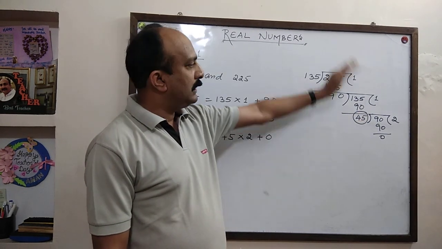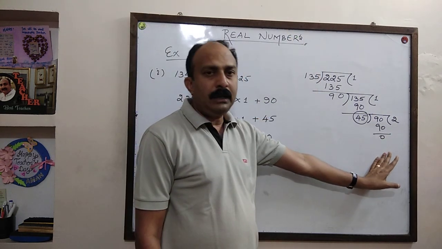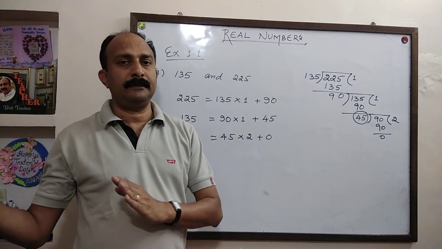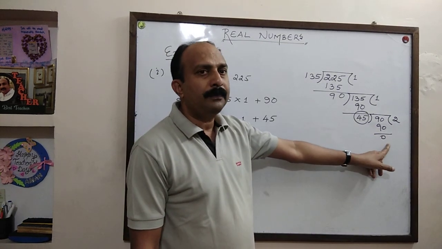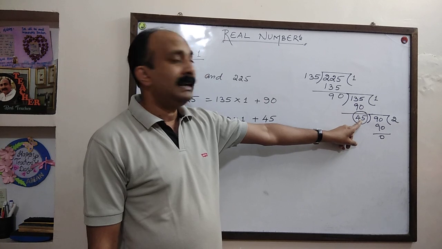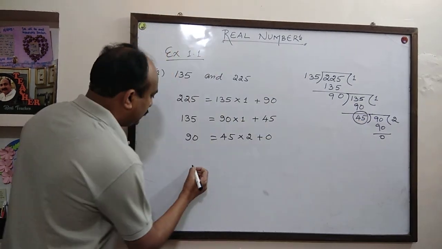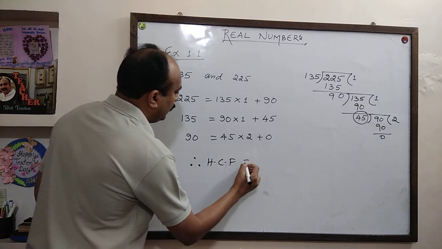I repeat, when we do the long division, surely you will get 0 remainder at some stage. Continue the division until you get the remainder 0. When you get the remainder 0, the corresponding divisor is the HCF. So the answer, therefore, HCF is equal to 45.